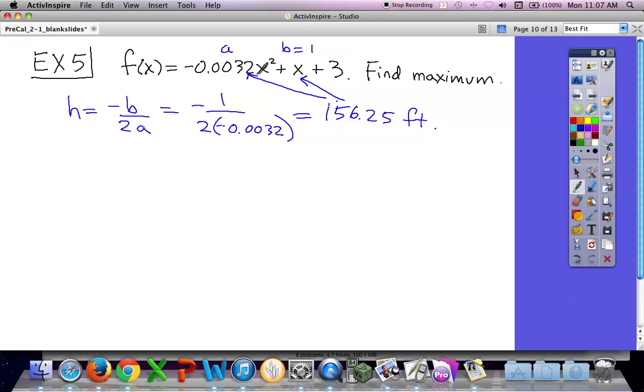So k will be negative 0.0032 times 156.25 squared plus 156.25 plus 3.